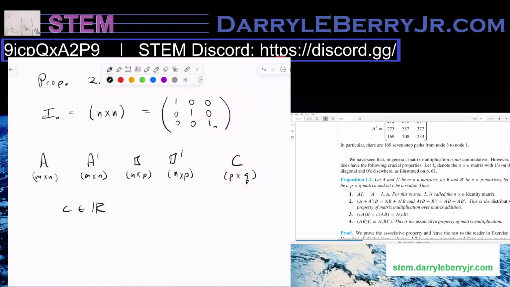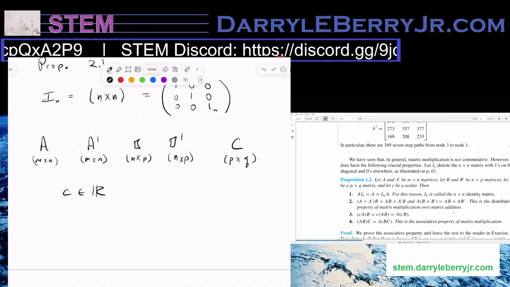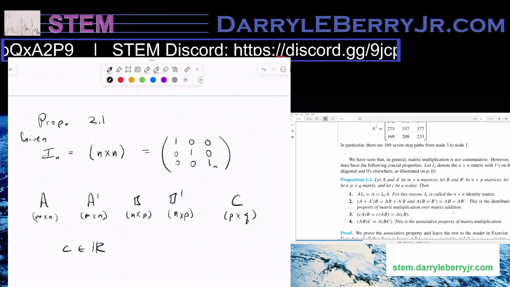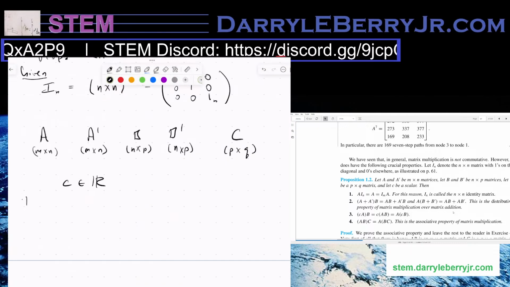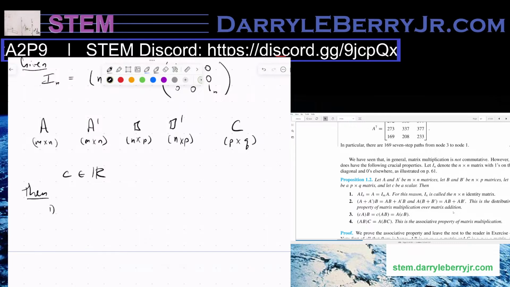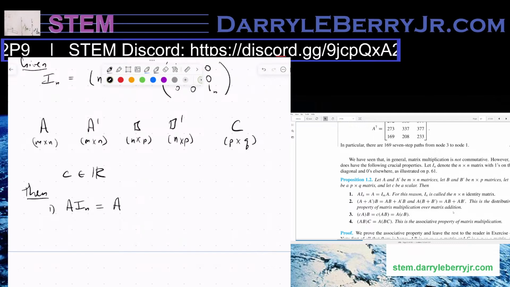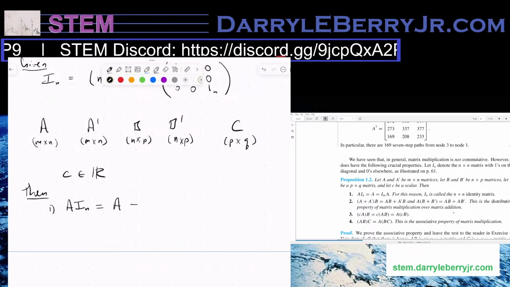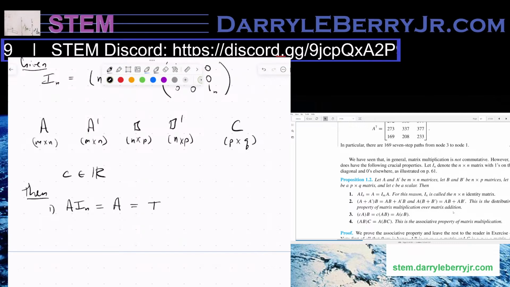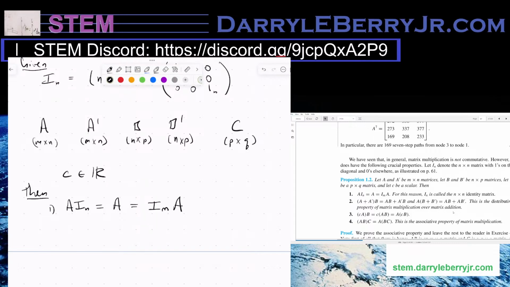Then, so you start with the given. One, A times the identity matrix equals A, which equals the identity matrix I_m times A. Interesting.